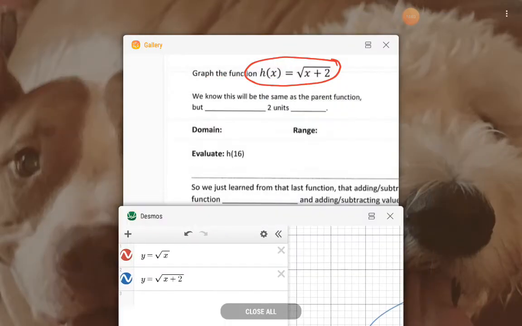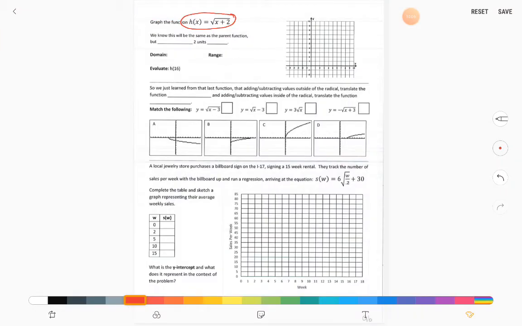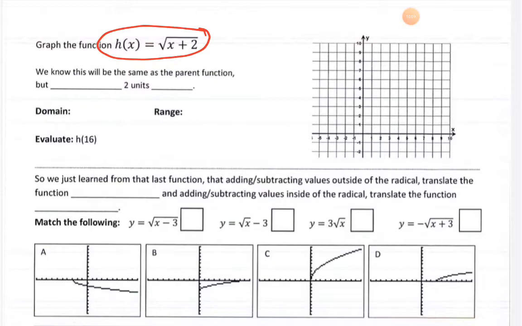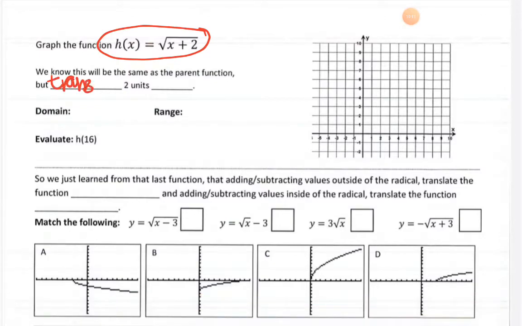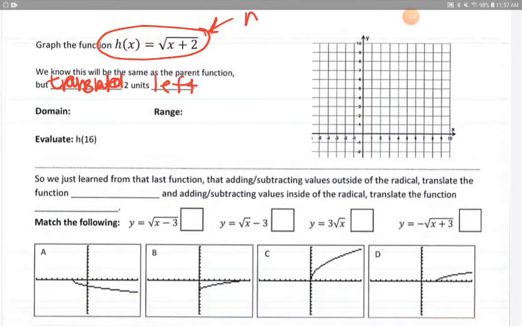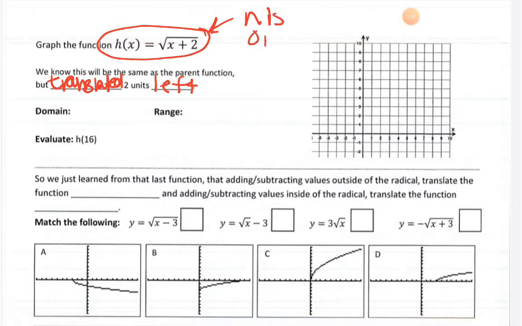Remember that when we have an h value, which is what this is, an h value, okay? This is going to be translated 2 units left. Again, h is opposite.